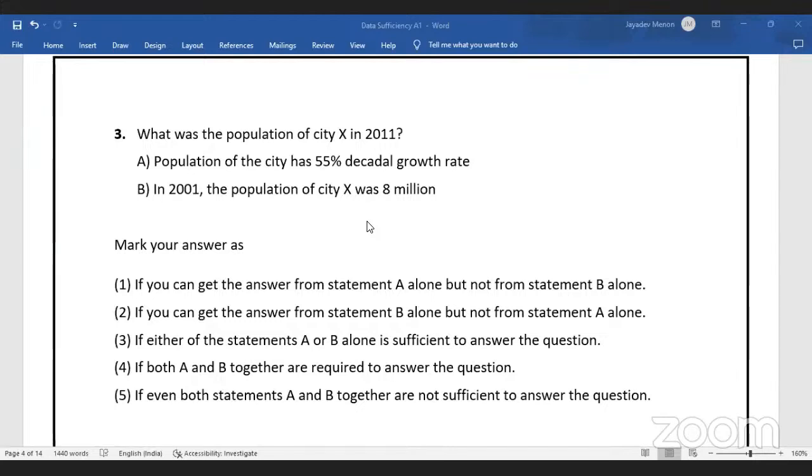And as per statement A, in every 10 years, the population increases by 55%. So in 2011, the population will be 8 million plus 55% of 8 million. So we will get the answer. Therefore, we need to select option 4. Both A and B together are required to answer this.